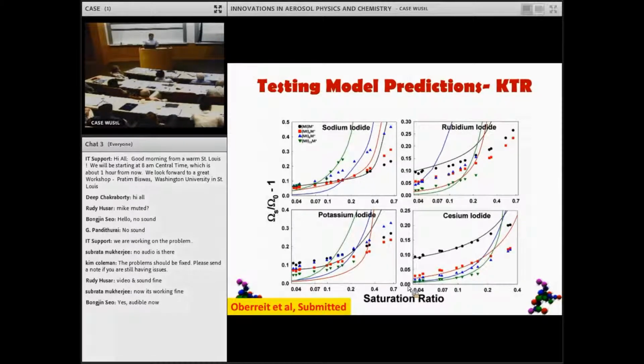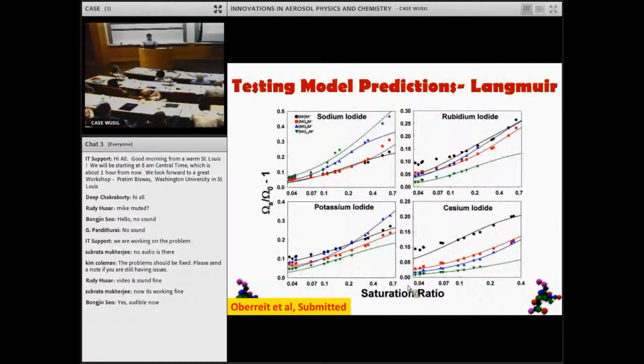The idea of applying classical theory to heterogeneous processes down here just doesn't really mesh well with what we observe for different clusters. We can fit part of the curve, but then it always has this very high uptake that's predicted when you have a low activity coefficient built in that you just don't see experimentally in the initial stages of uptake. Meanwhile, again, I'm not arguing for this model. We were surprised how well we can fit every data set we've ever had with a Langmuir absorption curve.